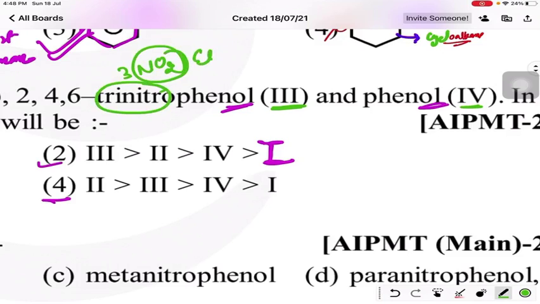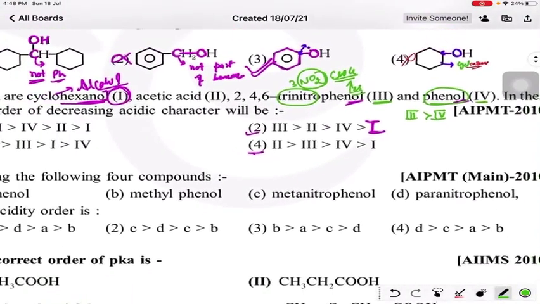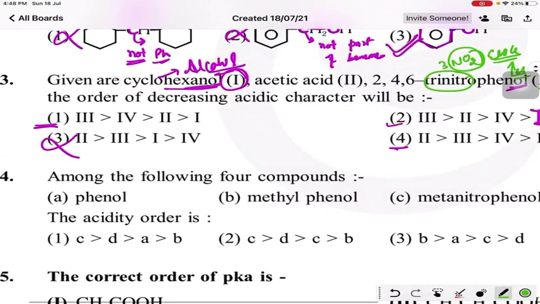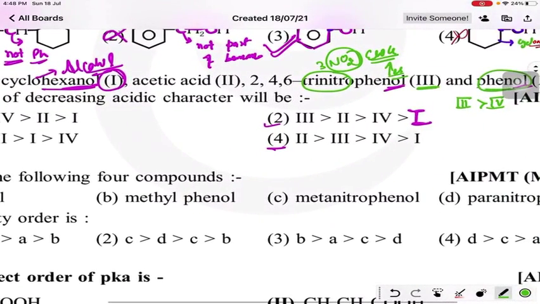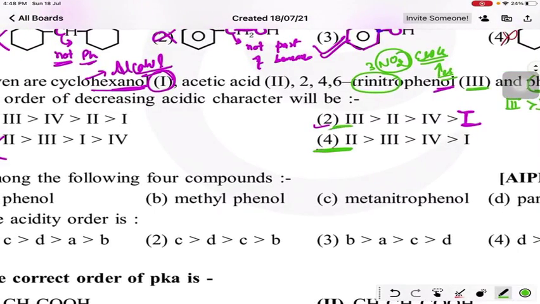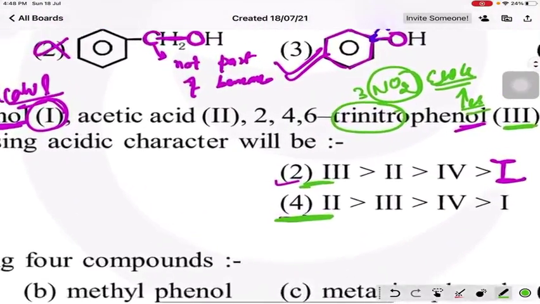The NO2 group is an electron withdrawing group, so it will increase the acidic character of phenol, whereas phenol contains no such group, so comparatively 3 will be a stronger acid than 4. So 3 greater than 4 should be the trend. This is in option number 1 as well as option number 4. So we have to compare it with 2.